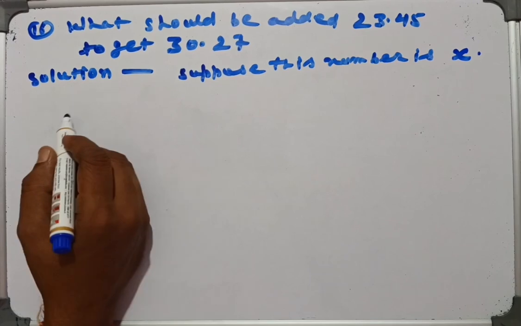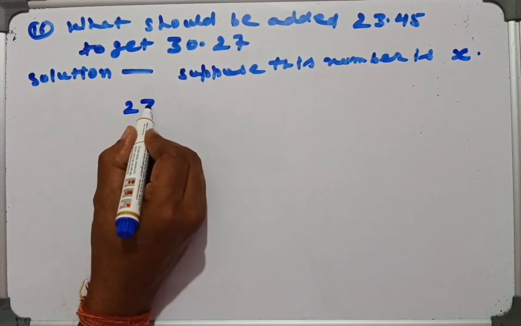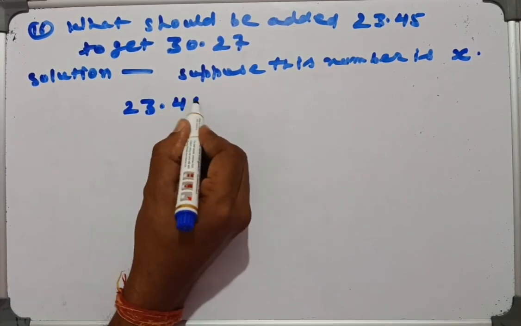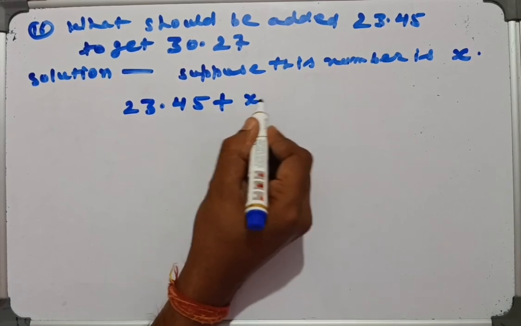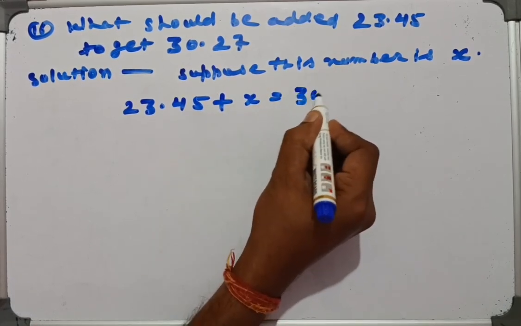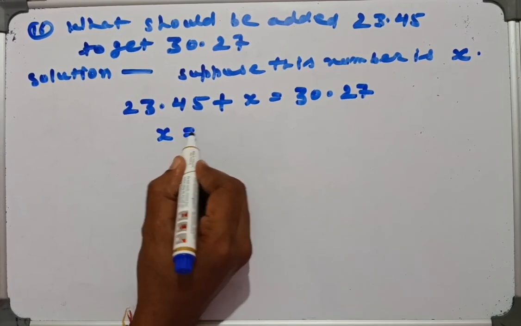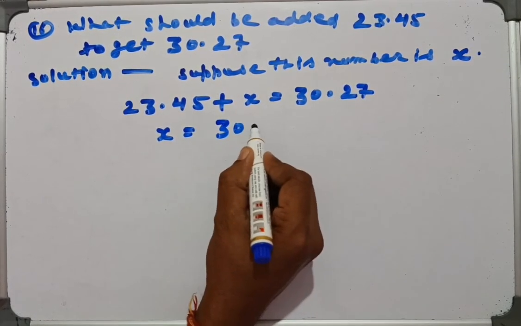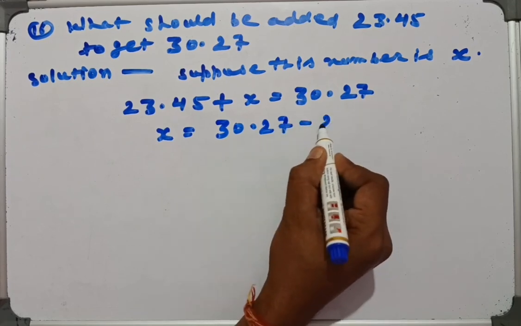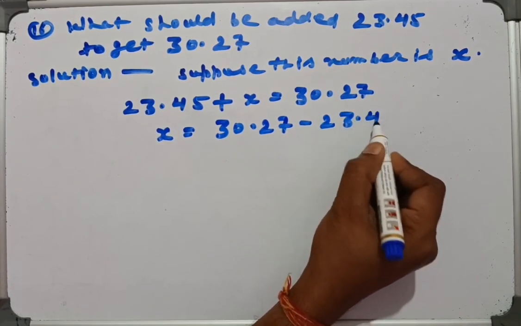So what do we write? 23.45 plus x equals 30.27. So x equals 30.27 minus 23.45.